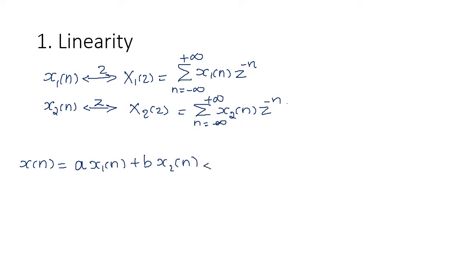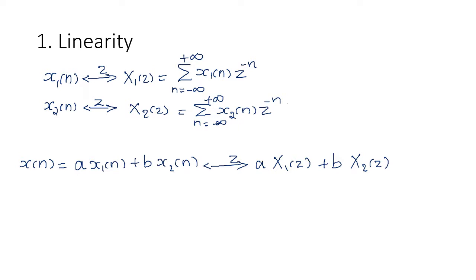Now the z transform of this signal x of n is a x1 of z plus b x2 of z. That is, the z transform of weighted linear combination, weighted sum of two signals is the same weighted linear combination of their respective z transforms.